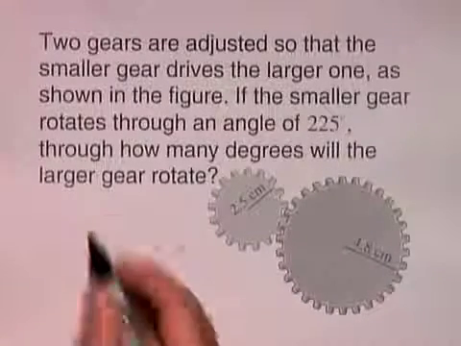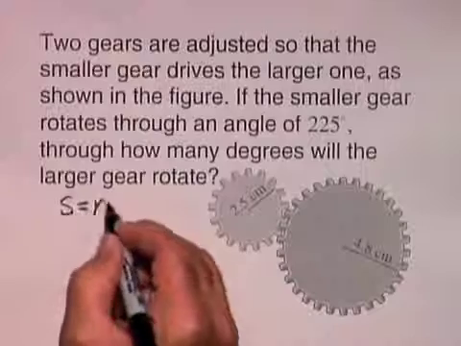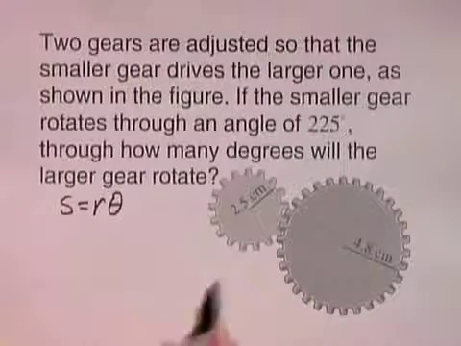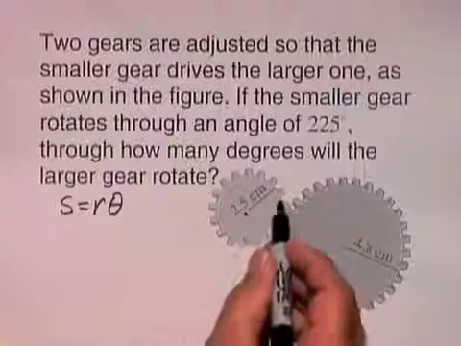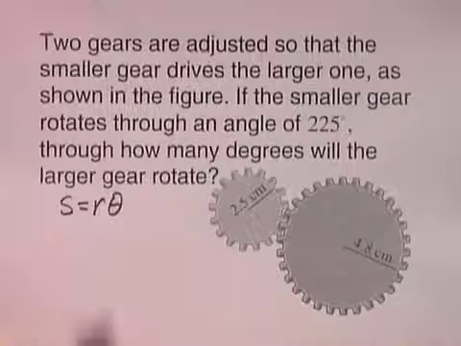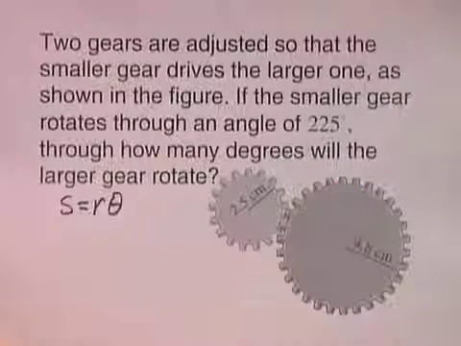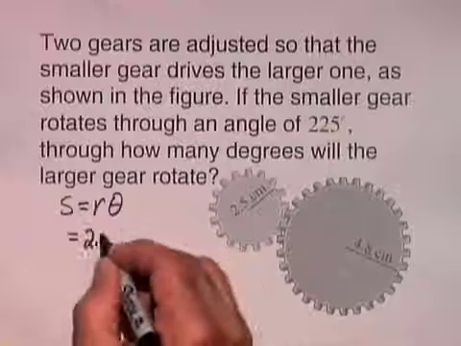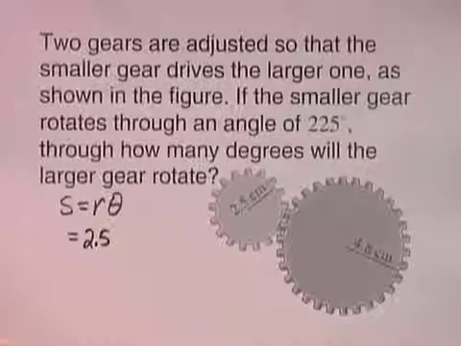So therefore, we're going to use the arc length formula, S equals R theta, and first we'll calculate the length of the arc that this smaller gear will rotate through that angle of 225 degrees. So S will be equal to R, 2.5, times theta.